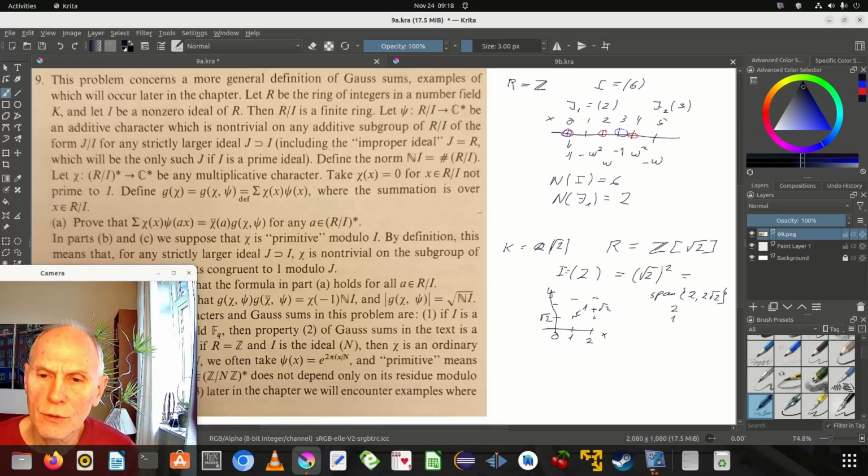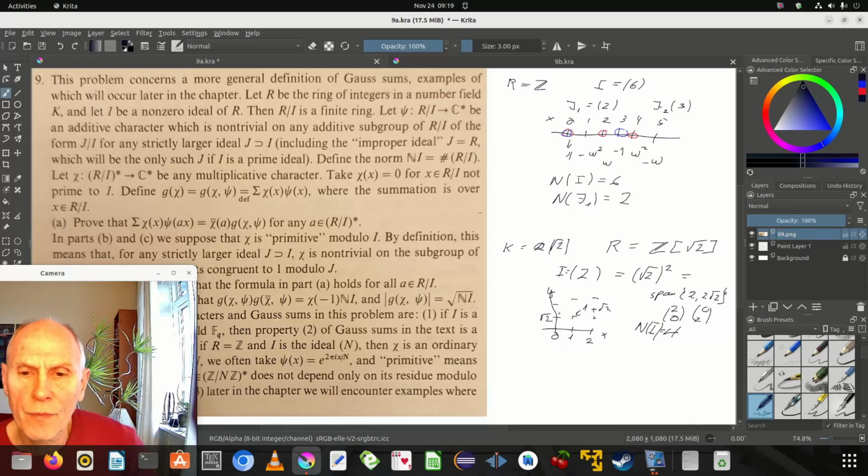So it's in coordinates, so the determinant of this is 4, so there should be 4 elements: naught, 1, 1 plus square root 2, and square root 2. And then they're just translated. Right.